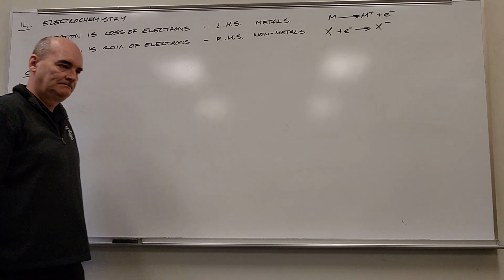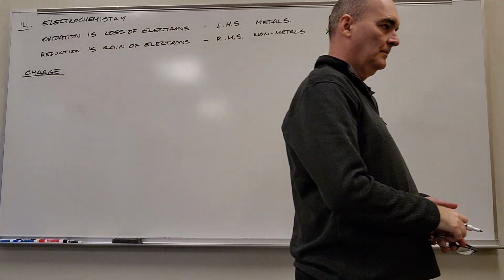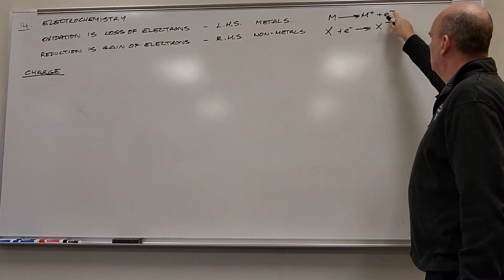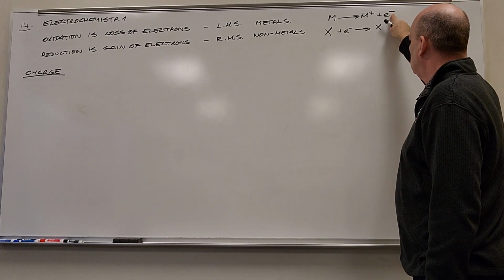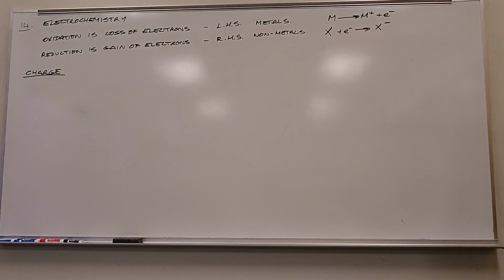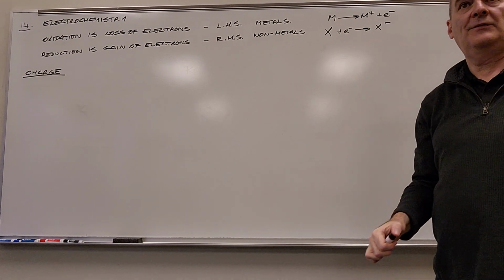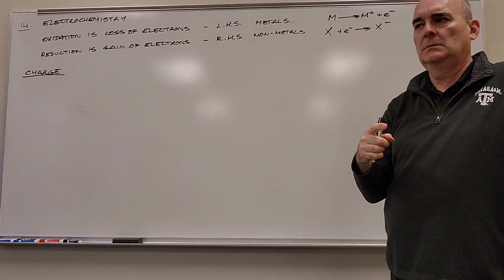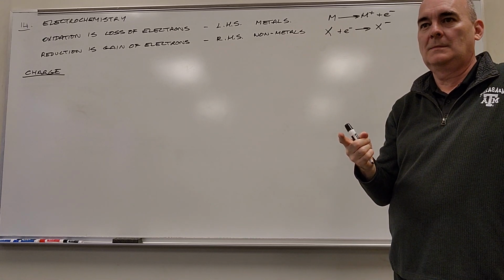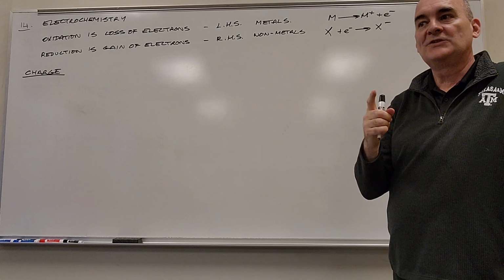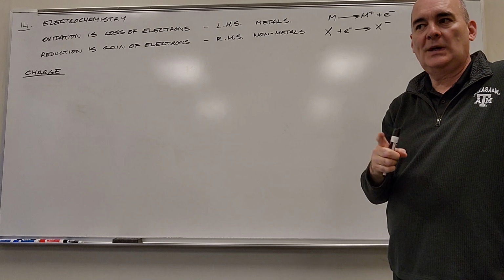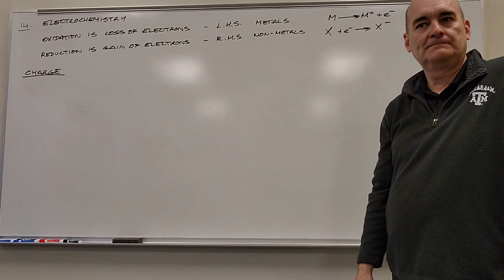Charge. We've seen that electrons have a negative charge, cations have a positive charge, protons have a positive charge, and electrons have a negative charge. Are those charges the same as each other? Is the charge on a proton the same value as the charge on an electron?